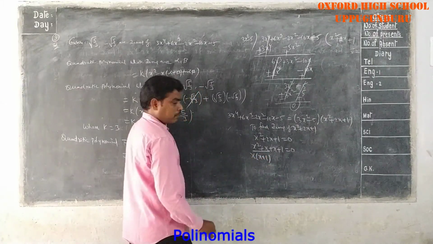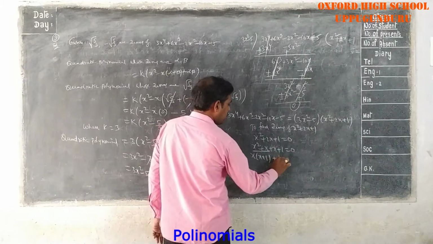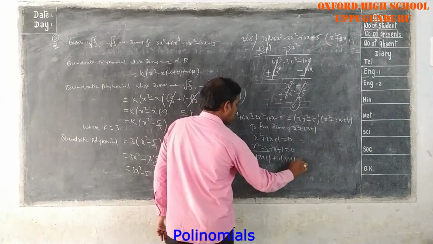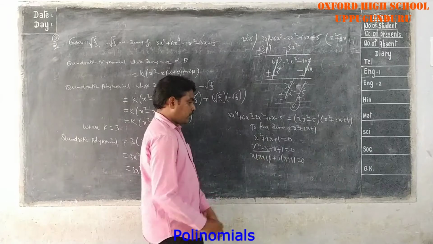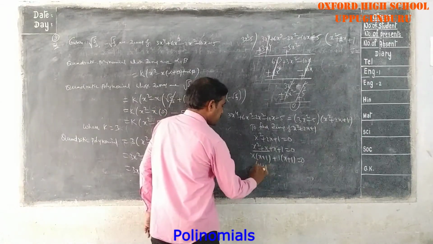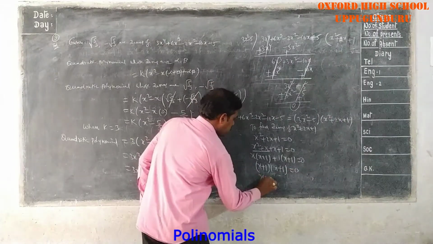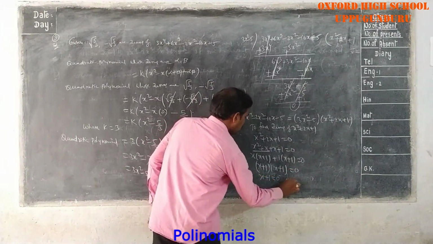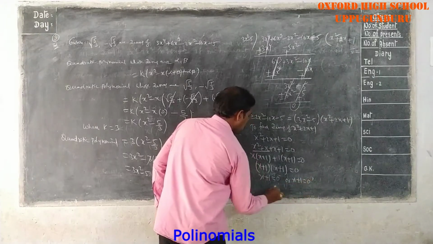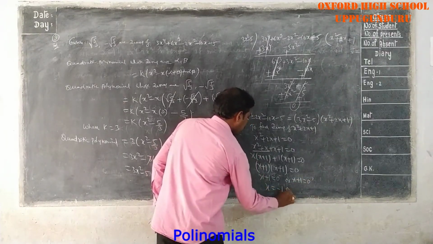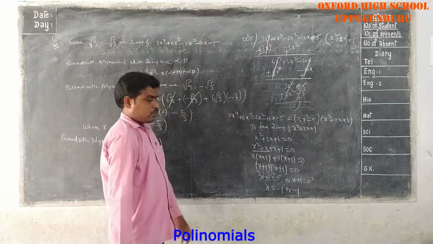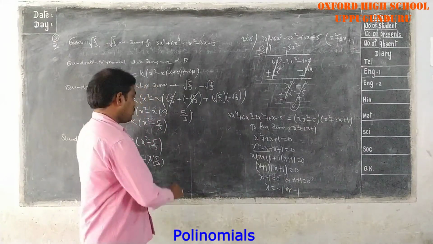Here no term is common, means 1 you have to consider as common. 1 into x plus 1 equal to 0. Now in these two terms, x plus 1 is common. So x plus 1 of x plus 1 equal to 0. So x plus 1 equal to 0 or x plus 1 equal to 0. x equal to minus 1 or minus 1. So these two are the zeros.